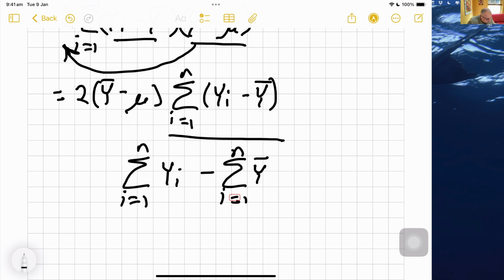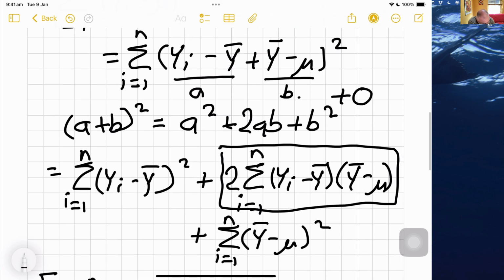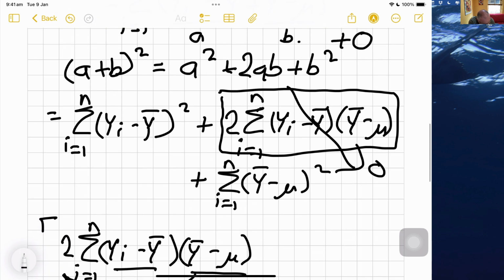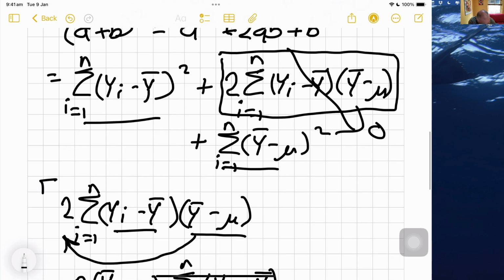So if I just add them up, this is equivalent to n times the sample mean. The next term, I'm adding up n lots of the sample mean. So this is n lots of the sample mean. So this equals 0. So basically what we've done, we'll go right back here, we've shown that this is 0. So I can write this term as the sum of these two terms.